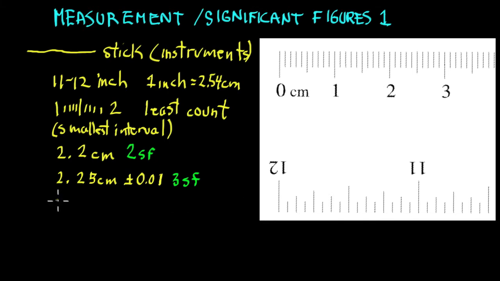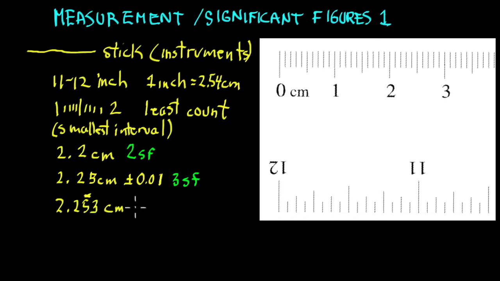However, if we put down 2.253 centimeters, we can estimate at this point only. We can't estimate within an estimate. We can't take an imaginary, no lines, and divide within those no lines.